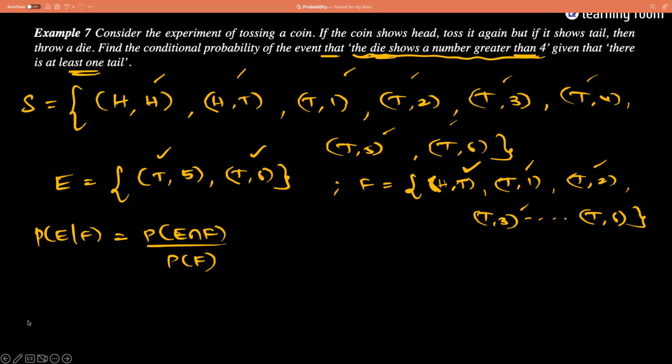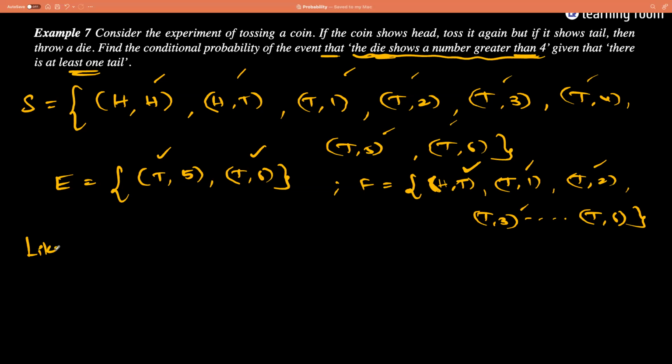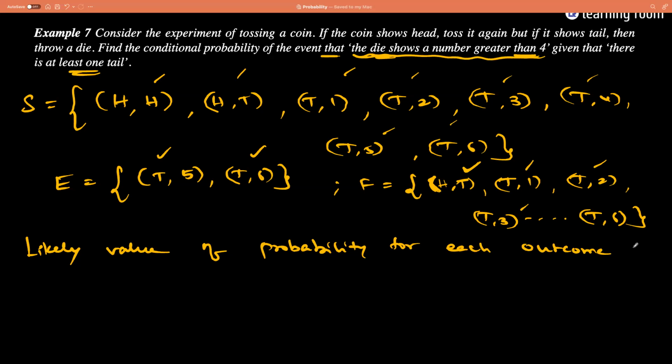Okay, listen, guys. Here, one mistake that happened is that the likely value of probability for each outcome is not the same.